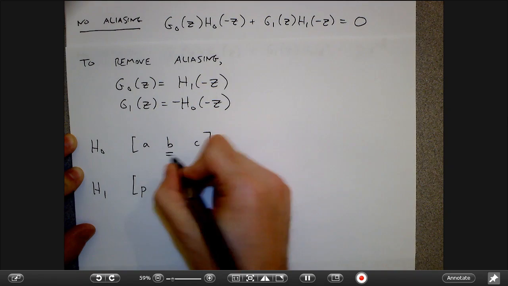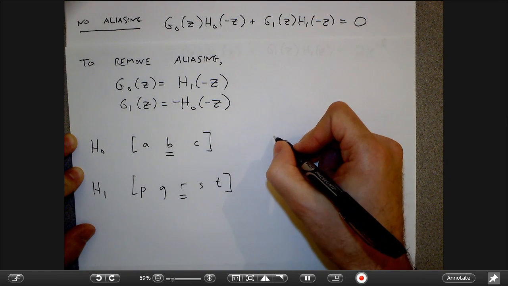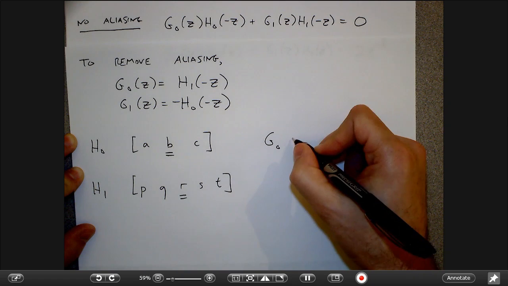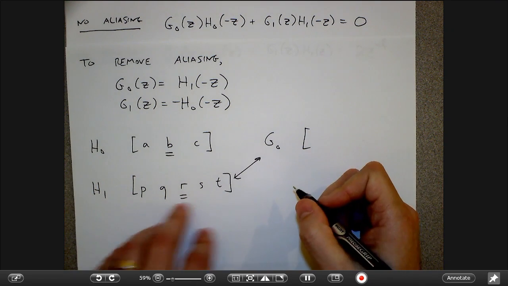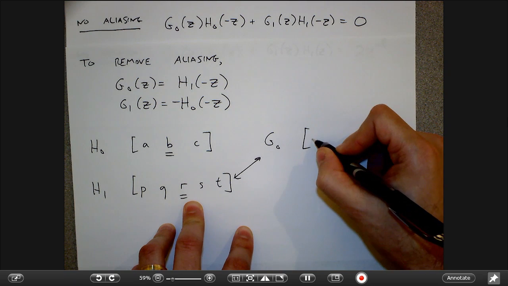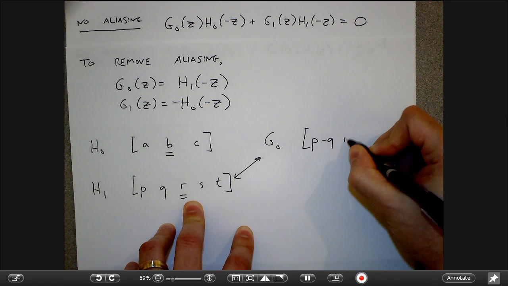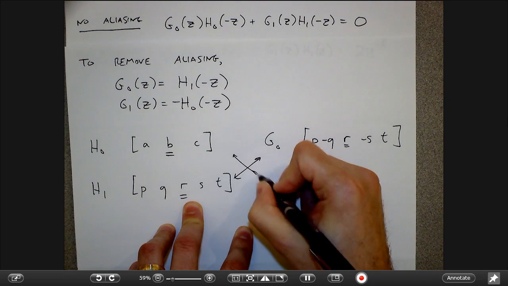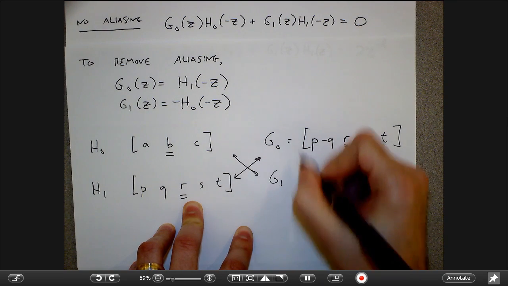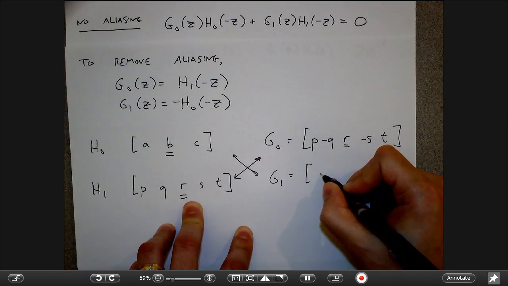and say they're centered here, then that means that my G0 is going to be basically a modified version of this, where I'm flipping the signs on some of these guys. And my G1 is going to be something like this.